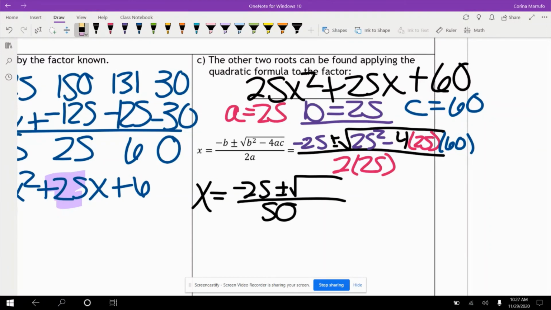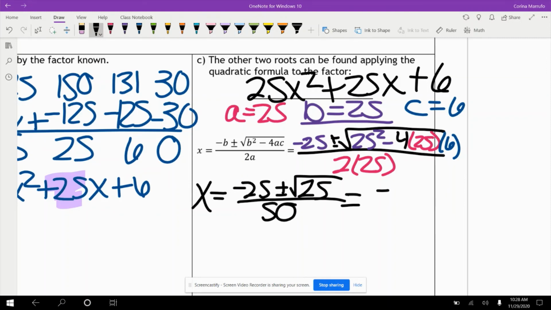I don't know where I saw 60 and I put it as 60, but it should have been 6. Let me just fix it. All right. Let me erase this one too. Four times 25 times 6 is 600. All right. So when you put all this in your calculator, it gives you 25.